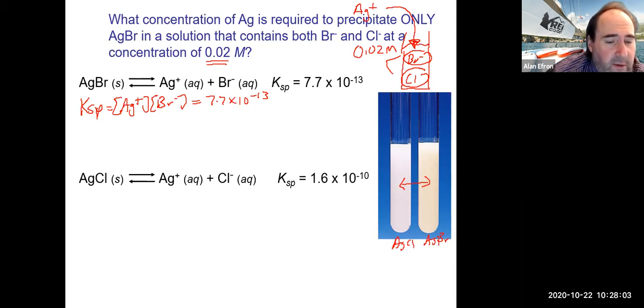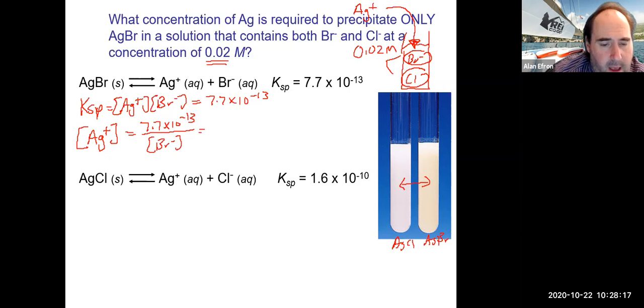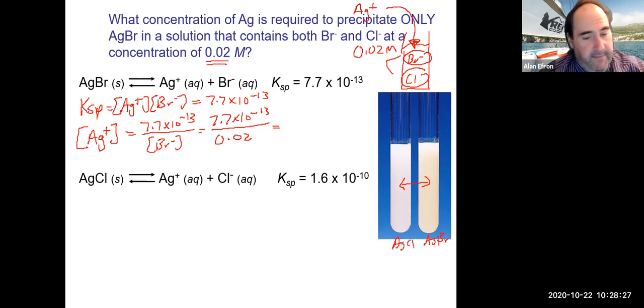So if we rearrange our Ksp expression and solve for silver, and put our numbers in, because we do have the concentration of the bromide at 0.02, we end up getting something like 3.9 times 10 to the minus 11 molar.